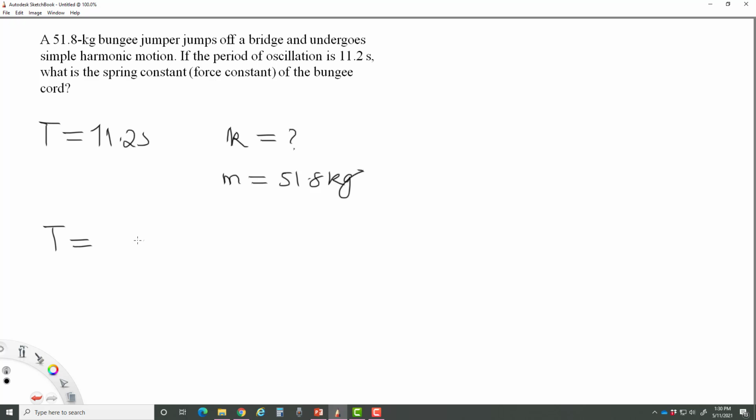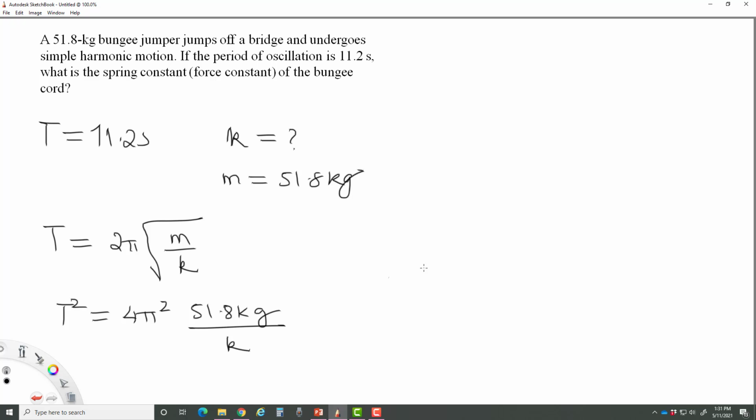So the time period of the oscillation is given by T equals 2 pi square root of m over k. In order to find k, we can square both sides, then we get T squared is 4 pi squared times m, where m is 51.8 kilograms, over k. By squaring, the square root cancels. So we want to find k.